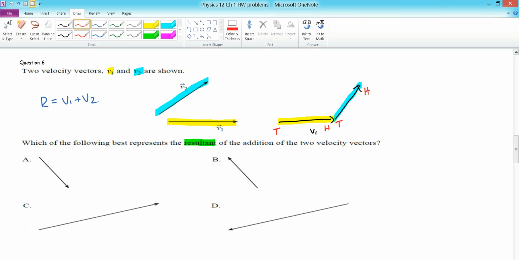So you're simply adding head to tail, and your resultant vector would simply be this vector right there. So here's my tail, and that's my head. All right, so there's my resultant vector, and as you can see, that matches option number C. So C would be the right answer there.